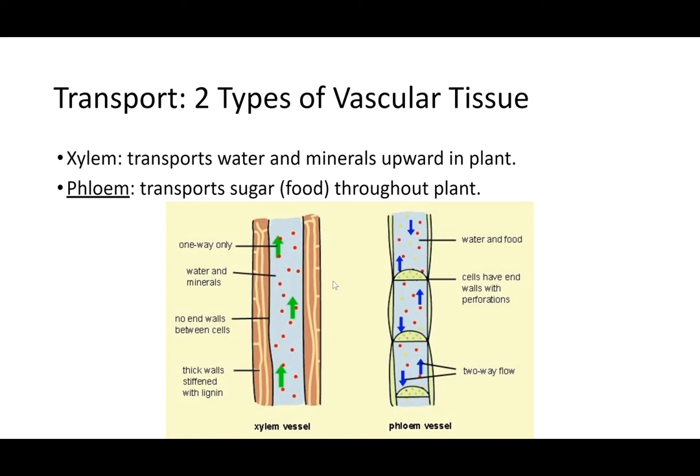Think of xylem and phloem as basically the veins and arteries like we have in animals. We just don't call them veins and arteries, we call them xylem and phloem. But they're responsible for moving either water, if it's xylem, or food, if it's phloem.